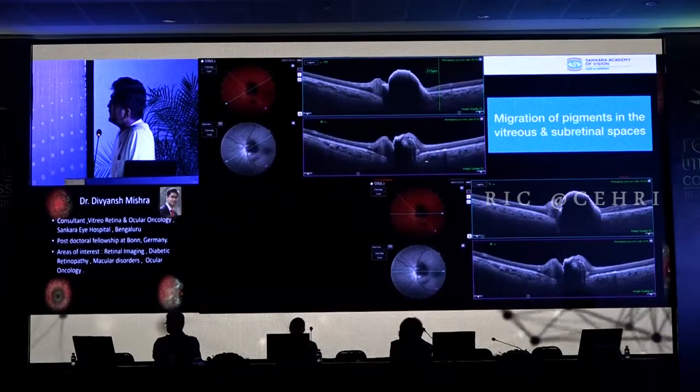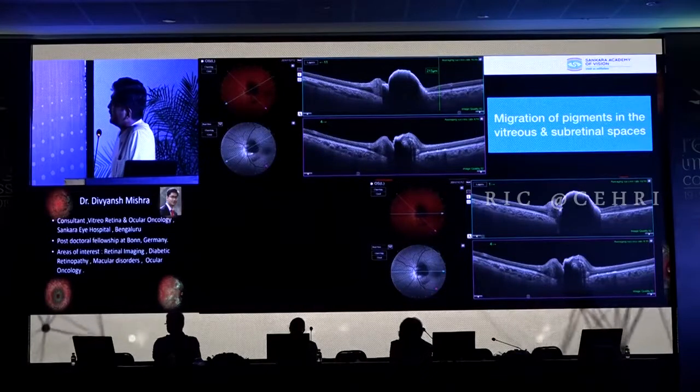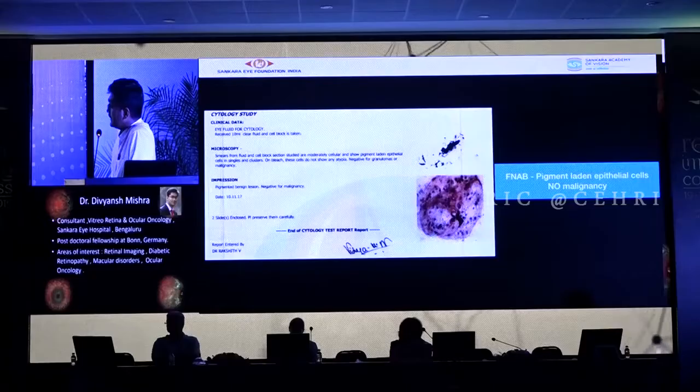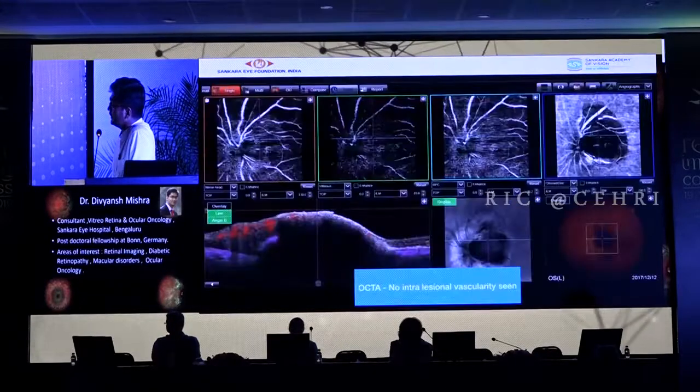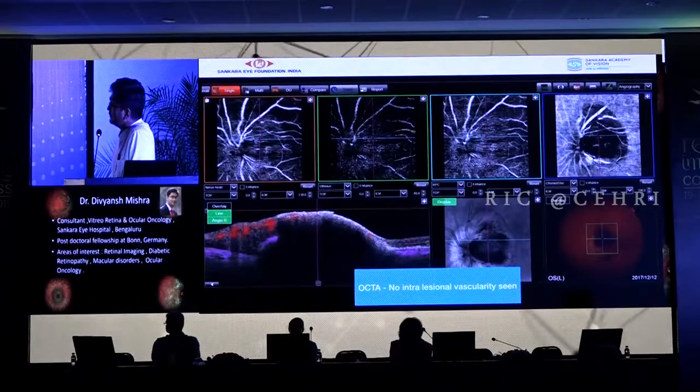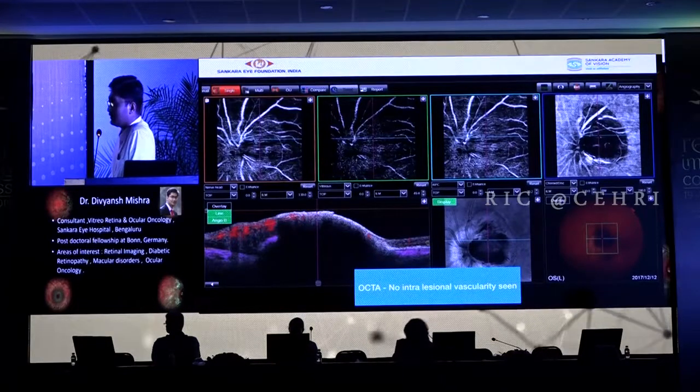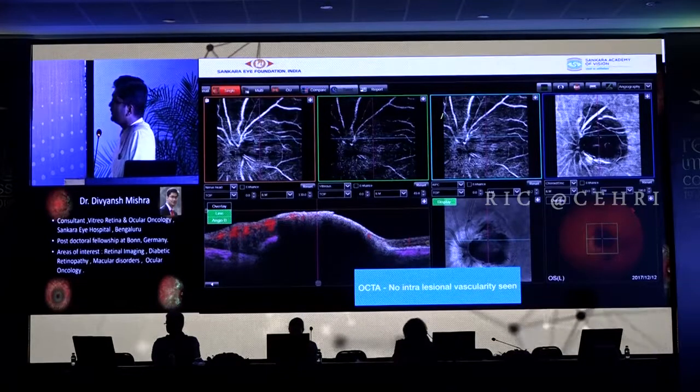On OCT, you can see this is the area where the subretinal pigments are. We did a fine needle aspiration cytology, and it proved that it's not a malignant cell, but yes, some pigment-laden macrophages were there. OCTA, probably Pradeep has many publications on it, looks for any blood vessels within the tumor.